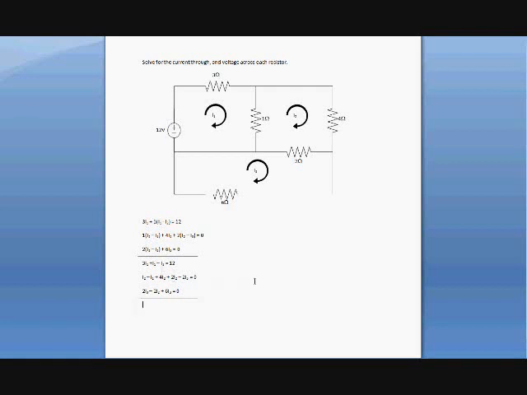So the first one is 4I1 minus I2 equals 12, and negative I1 plus 7I2 minus 2I3 equals 0.